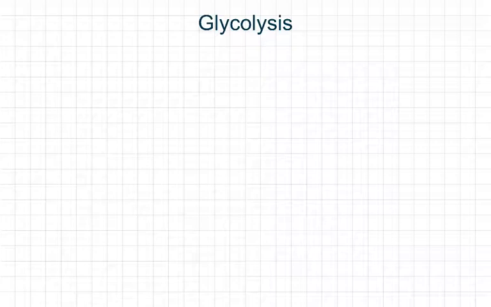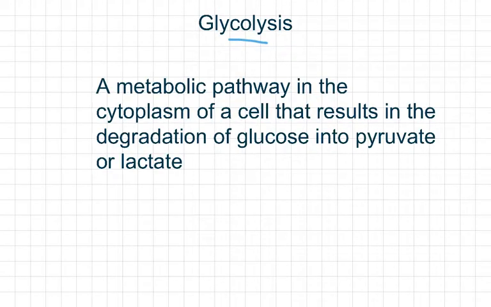So moving into our next anaerobic pathway, we're going to talk about glycolysis. And so what is glycolysis? The Powers textbook defines glycolysis as the metabolic pathway in the cytoplasm of a cell that results in the degradation of glucose into pyruvate or lactate.